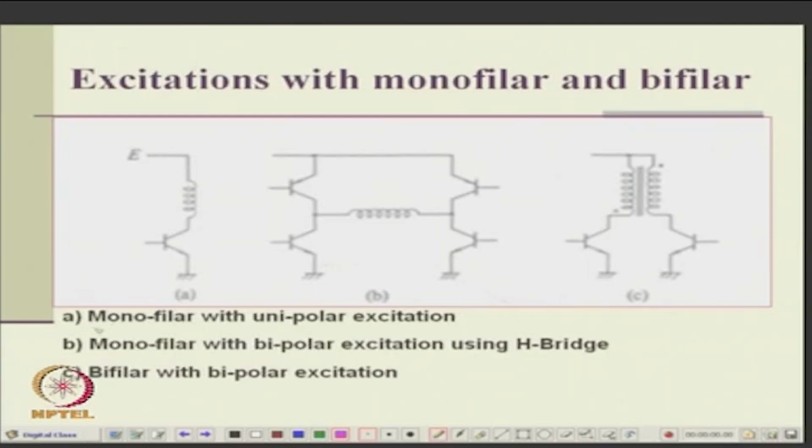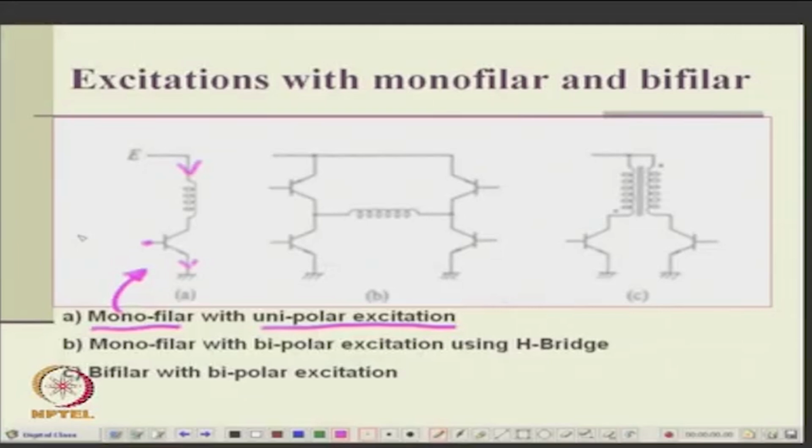This is a monofilar winding A. There is one coil here. If you pass a current through this, it will produce unipolar excitation, is not it? It cannot change the poles. This is one coil per pole, which is switched by a transistor like this.